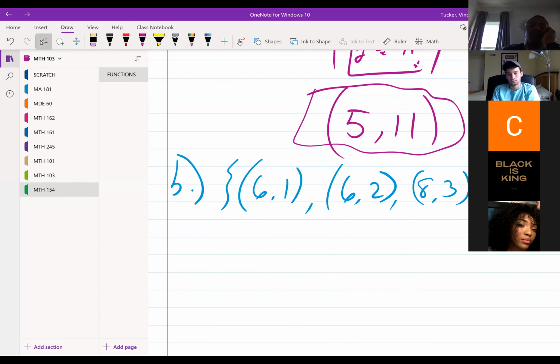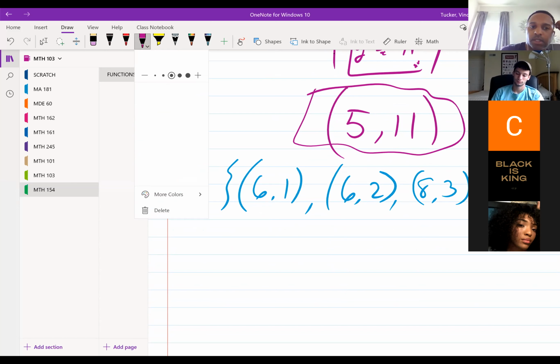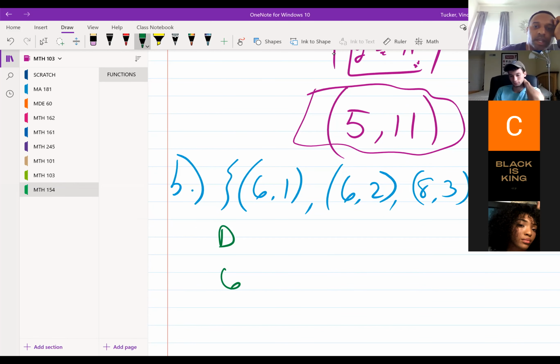So here, if I invert each one of the ordered pairs, remember we had (1, 6), (2, 6), (3, 8), (4, 9) in the last one. So inverting the ordered pairs, now I'm looking at my domain. That's 6, 8, 9.